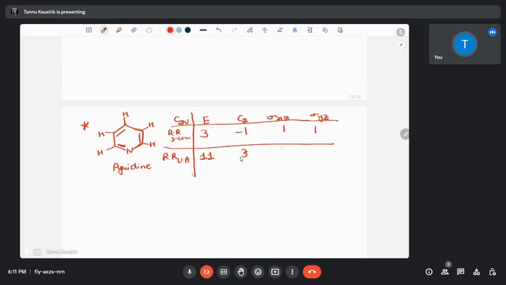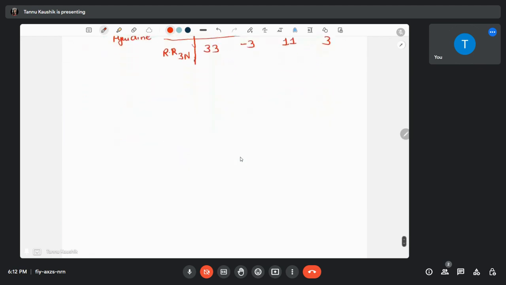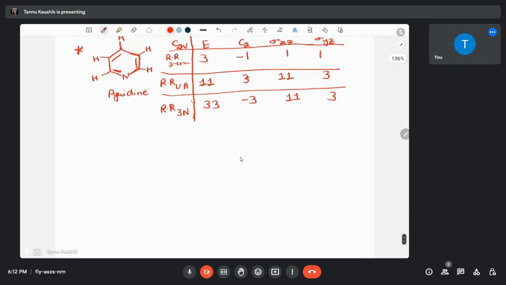So for sigma xz, which is the molecular plane, all of these atoms will remain unchanged. For sigma yz, again it will be 3. See how easy it becomes to find out these reducible representations this way. It will be 33, -3, 11 and 3.